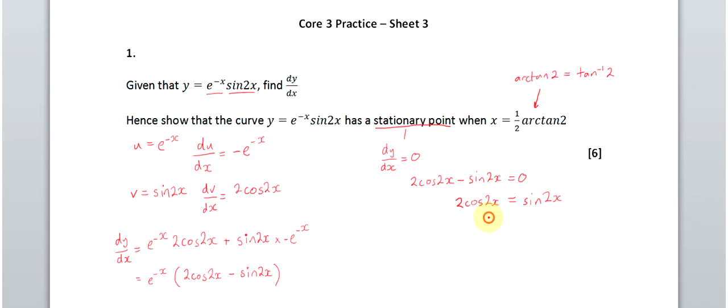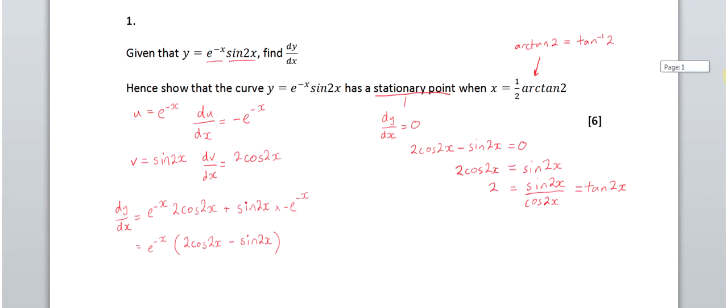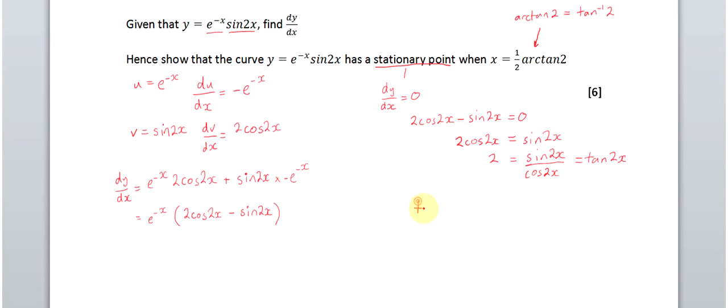Then we divide by cos, which gives us sine of 2x divided by cos of 2x, which of course is the same as tan of 2x. Therefore, let me just move it down a bit, if tan of 2x is equal to 2, then we take an inverse tan of both sides, or I should say here an arctan.